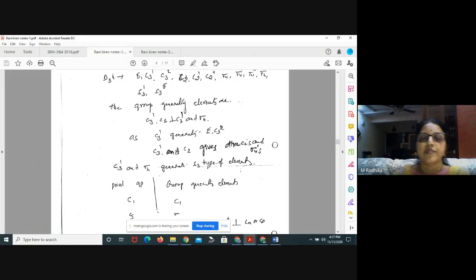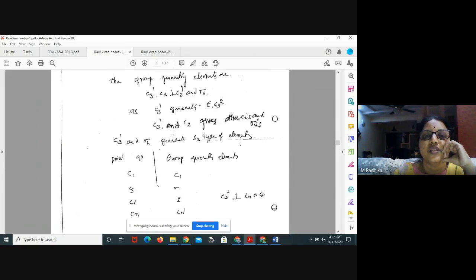The important group generating elements in this particular D3H are C3, C2 as well as sigma H. Only these three are enough to generate all other things.